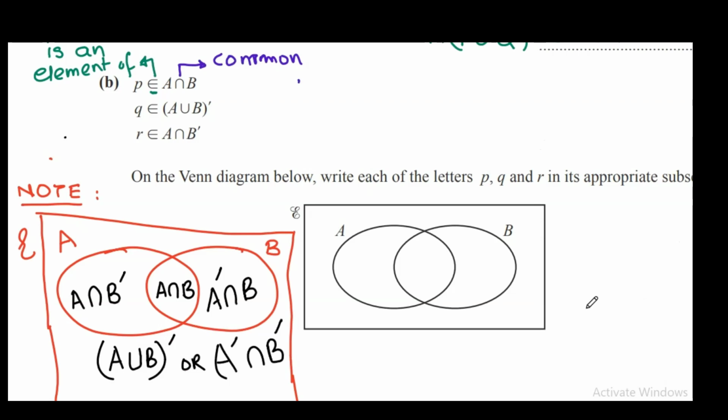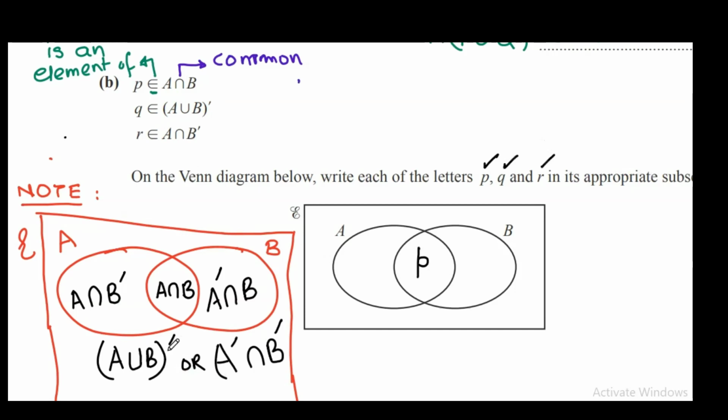So in this set, on the Venn diagram below, write each of the letters P, Q, and R in appropriate subsets. So we have to put P, Q, and R in each given region. P is an element of A intersection B. A intersection B is this region, so we have to write P. Q is an element of A union B complement.